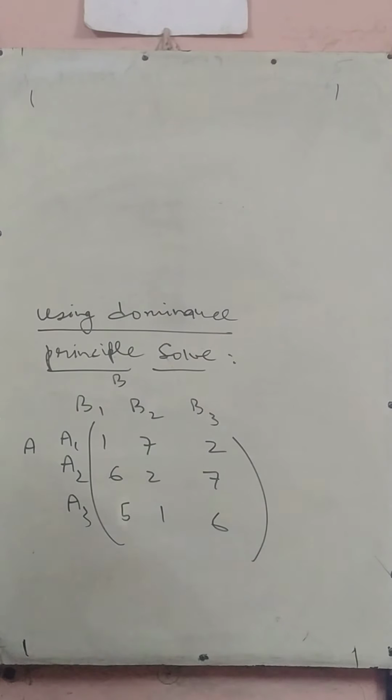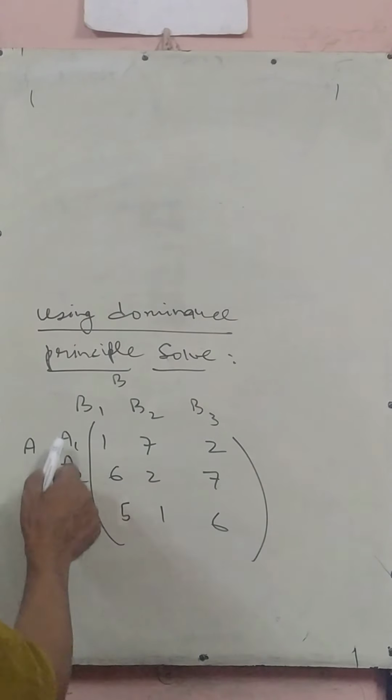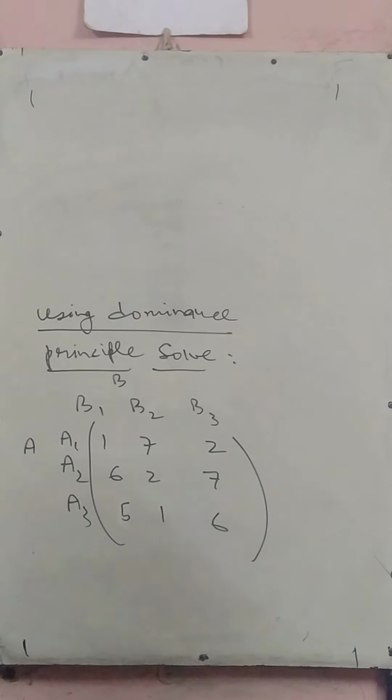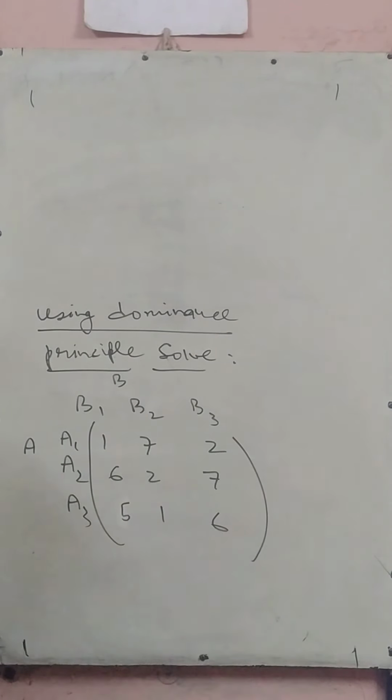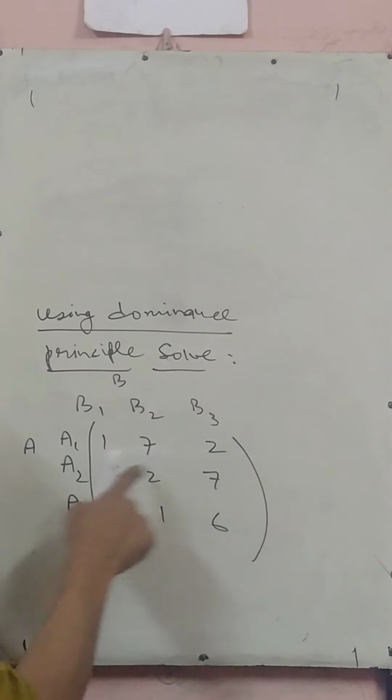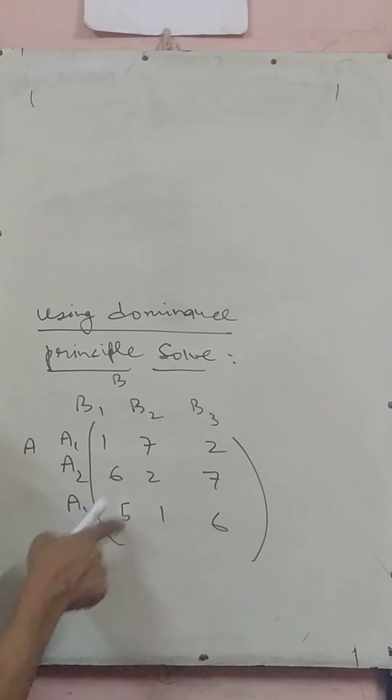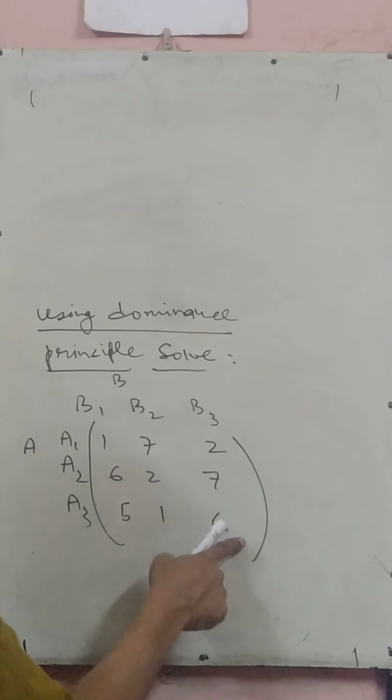Now if we look at the problem, we have A1, A2, A3. Look, A2 and A3, compare. I am telling you that you can start any way you like. Here I am observing that row 2, that means A2: 6 is bigger than 5, 2 is bigger than 1 and 7 is bigger than 6.